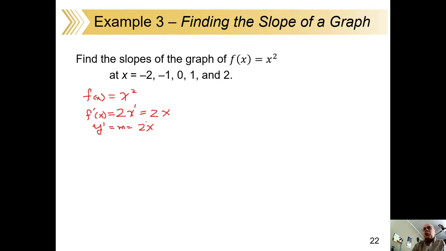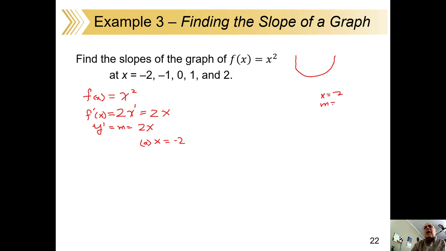Now since it isn't 2 everywhere, we have to ask ourselves, where do we want the slope? Well, part A, let's say, we're talking about an x of negative 2. So somewhere on our graph, we have an x value of negative 2.